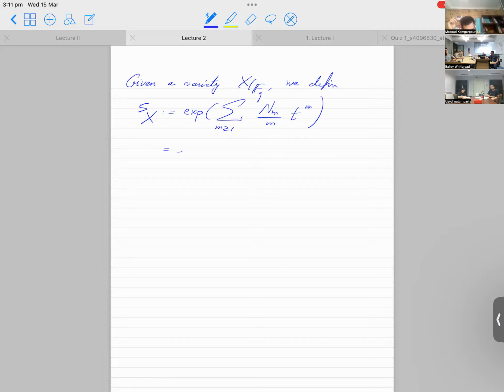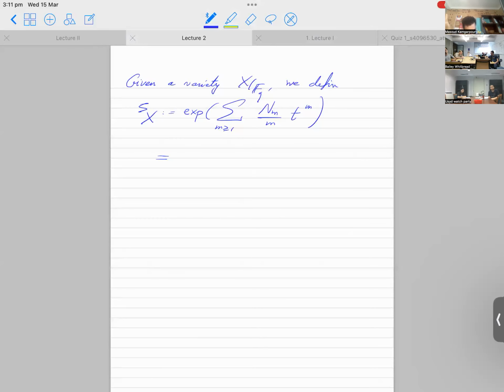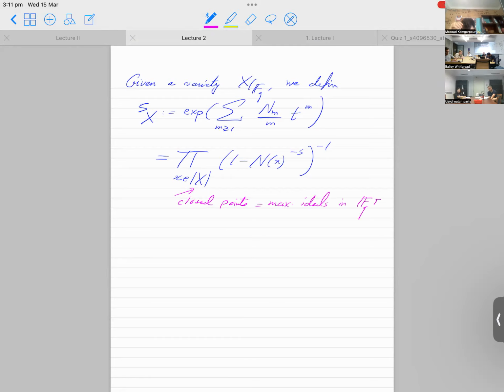Okay, and if you want to write it in terms of q, then you have to replace t by q to the minus s. And the proof that we just gave also tells you that this is a product over all prime maximal ideals in our ring, or equivalently over all closed points, which is the same as maximal ideals in the ring of functions on x.